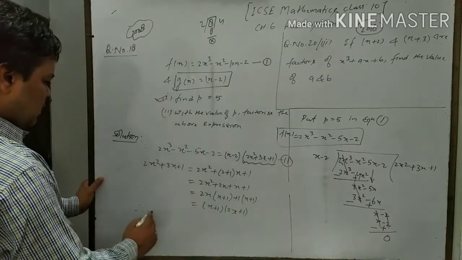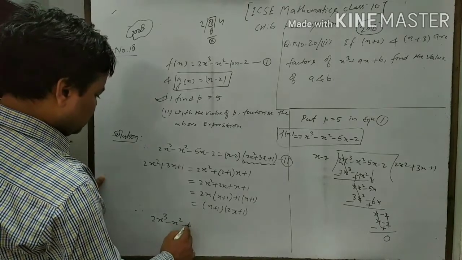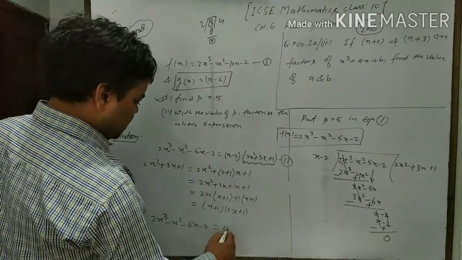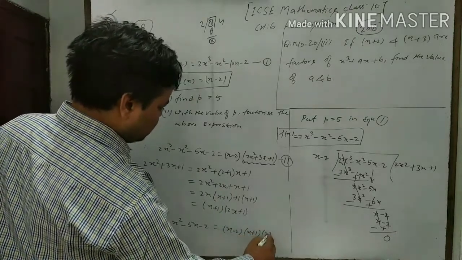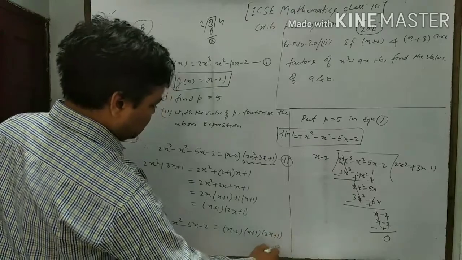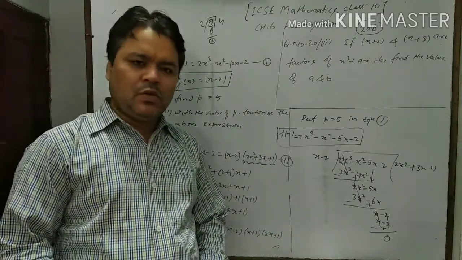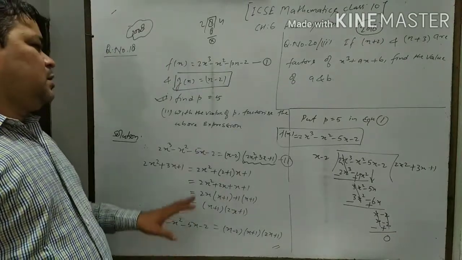Therefore 2x cube minus x square minus 5x minus 2 is equal to (x minus 2)(x plus 1)(2x plus 1). This is our required solution.